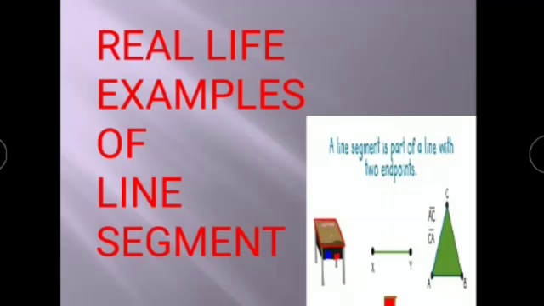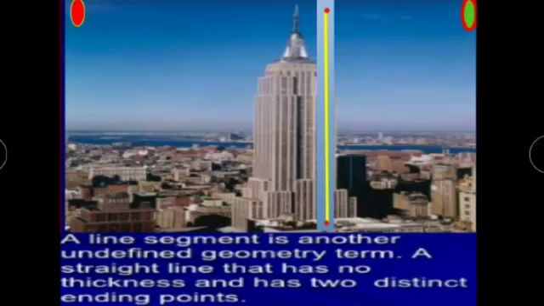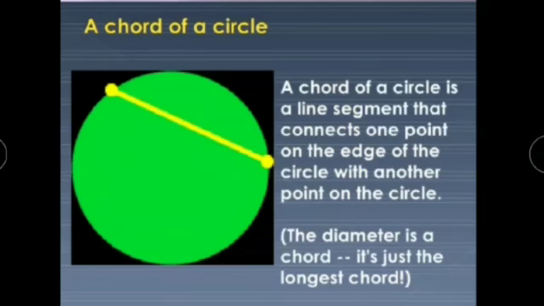Here are real life examples of line segment. A chord of a circle is a line segment that connects one point on the edge of the circle with another point on the circle.